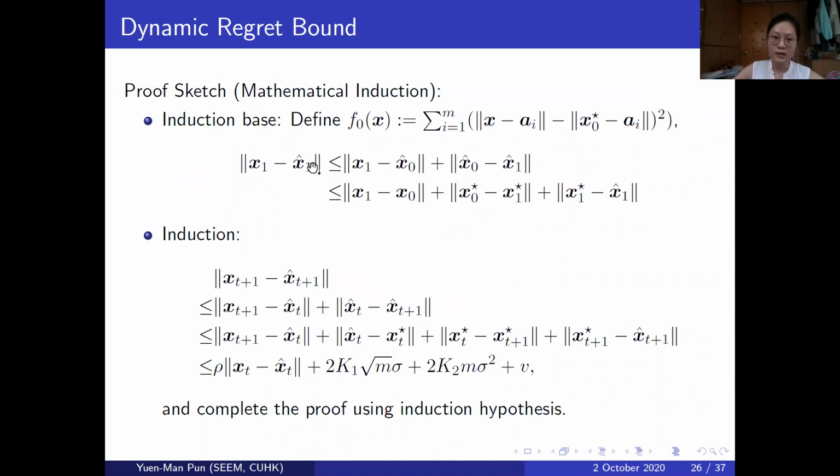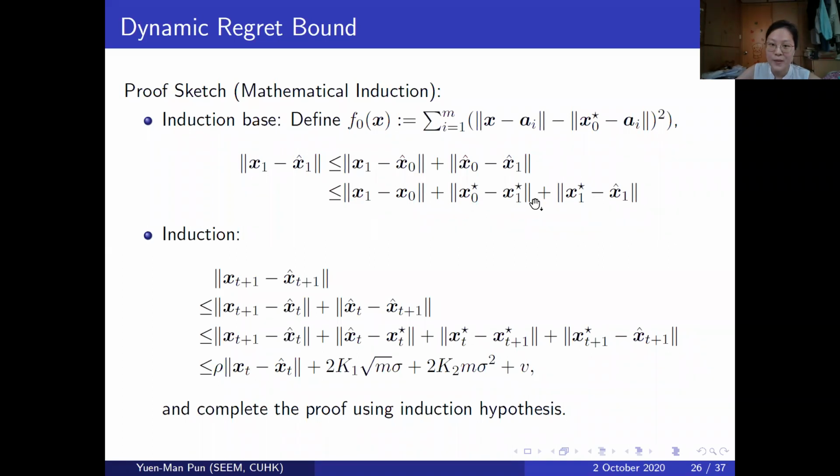Then x1 minus x1 hat can be upper bounded by x1 minus x0 hat plus x0 hat minus x1 hat. And again, using triangle inequality, we have this holds. As you can see, x0 hat is exactly equal to x0, and here x0 hat is exactly equal to the true location x0 star.